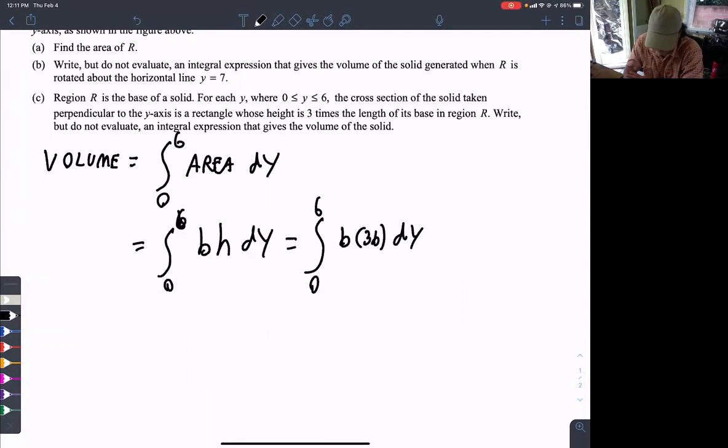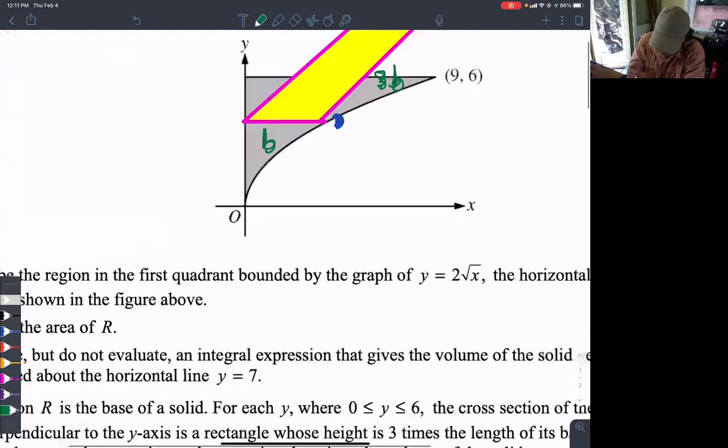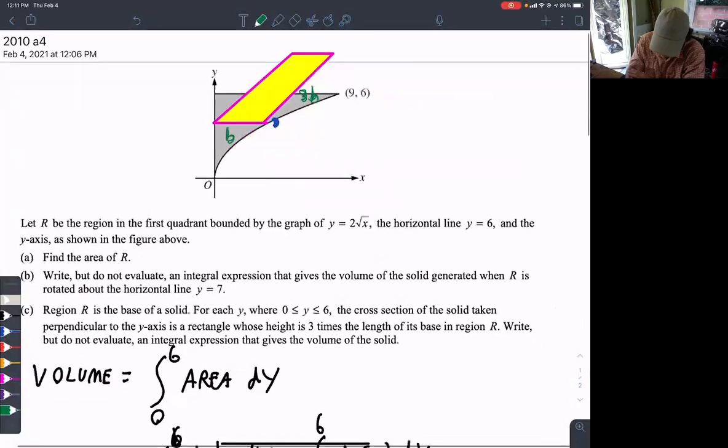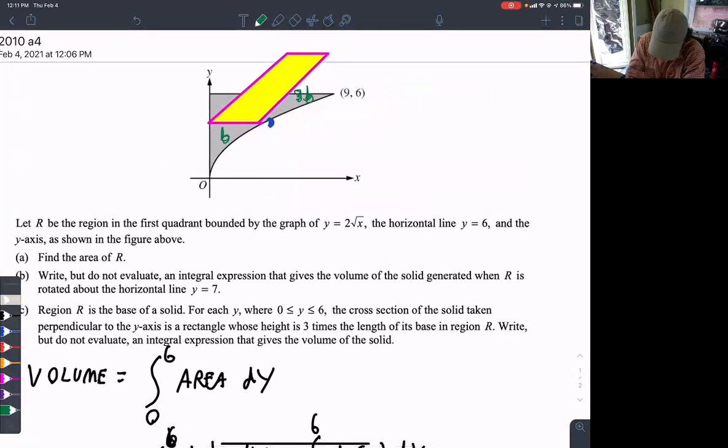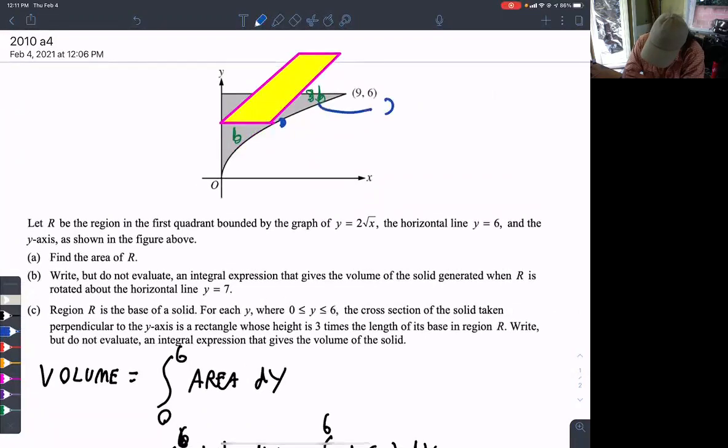But what is b? Let's go back and find b. Let me label these graphs. So we have y equals 2 radical x, and the other line is the y-axis.